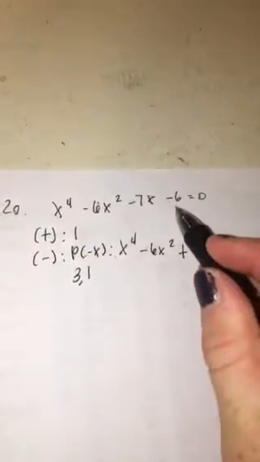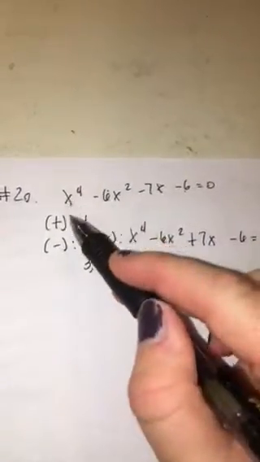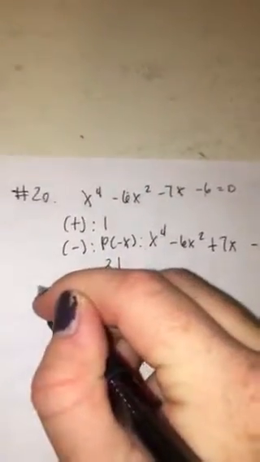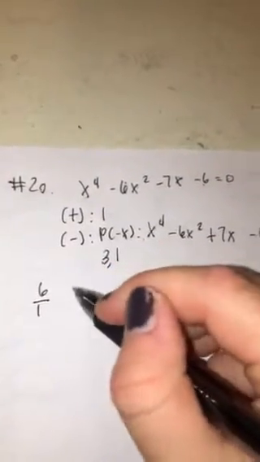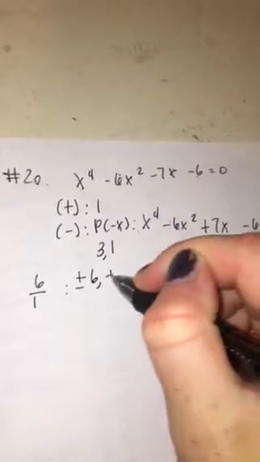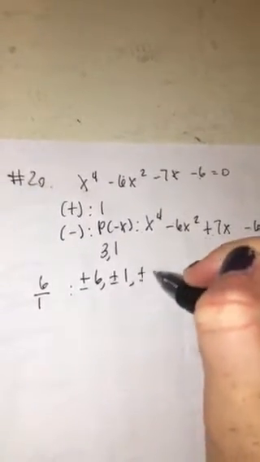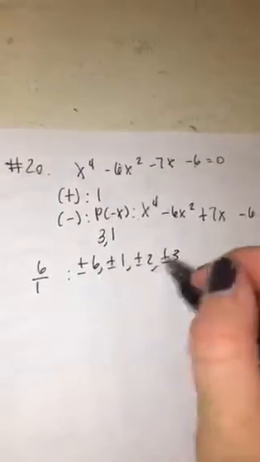So you take your last and you divide it by your first, so it'll be 6 over 1. And the factors of 6 would be plus or minus 6, plus or minus 1, plus or minus 2, plus or minus 3, all over 1, which would just be these.